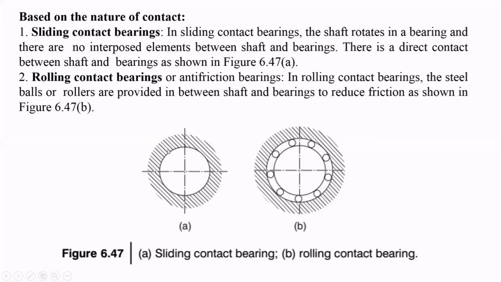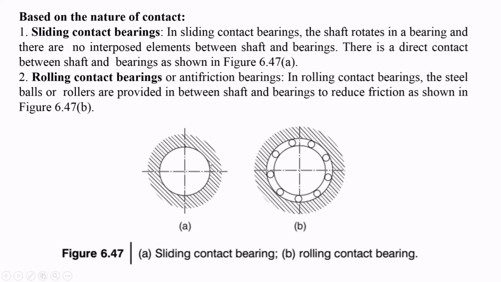Second one is rolling contact, where between the shaft and bearing surface we arrange some anti-friction elements like balls and rollers. Such bearings are called rolling contact bearings, also called anti-friction bearings.